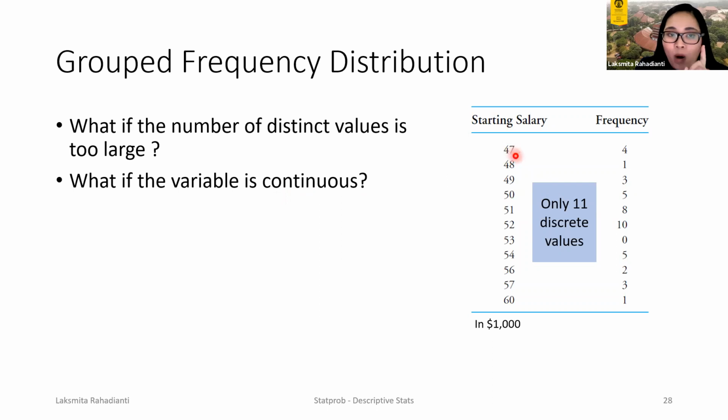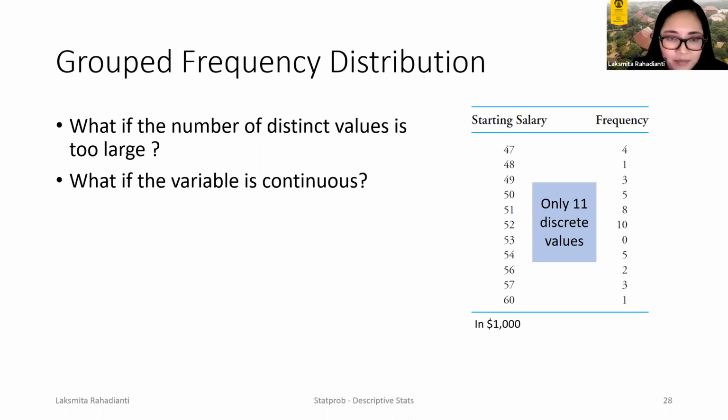Does that mean that if I wanted to use an ungrouped frequency distribution and my data was continuous, I need to check the frequency of every single possible value? Like I would have to record if there was someone with 47.1 of their starting salary, 47.2, 47.3. And then when I already did that, I also have to consider, what if somebody is 41.18?